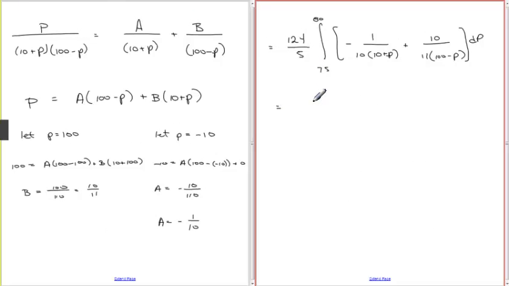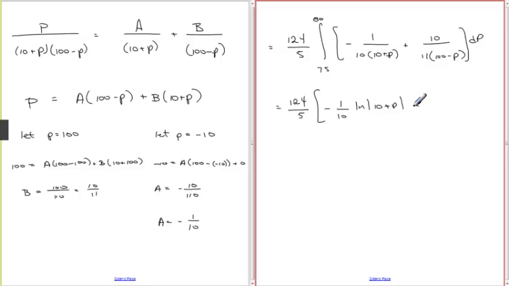Okay, now what happens? Well, if we do each one of these separately again, you're going to get a negative 1/10 that we can factor out. And then the integral of dp over 10 plus p is just going to be equal to the natural log of the absolute value of 10 plus p. So that's the first one.